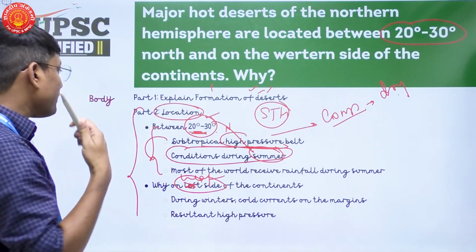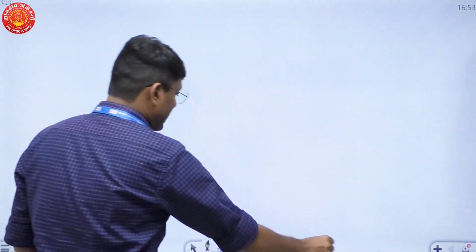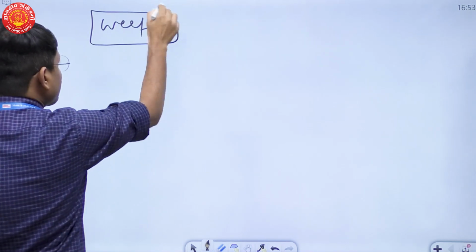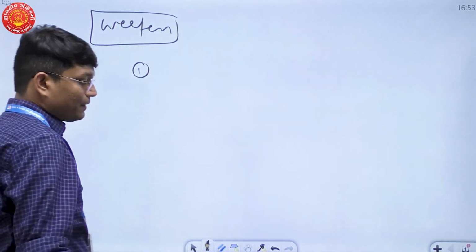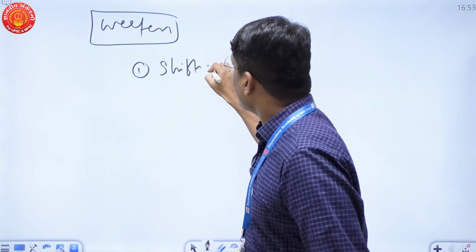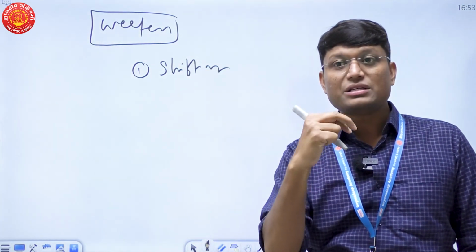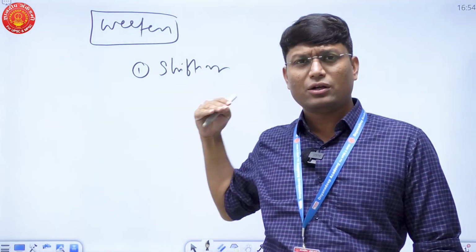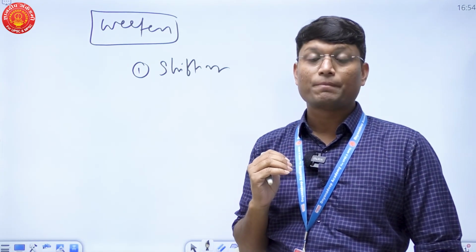Now there is the second part of the question, that is, why these are located on the western margins. For the western margin, first you will have to write about the shifting of pressure belt. You will say that during winters there is shifting of pressure belts from this subtropical high region, the 20 to 30 degree part.